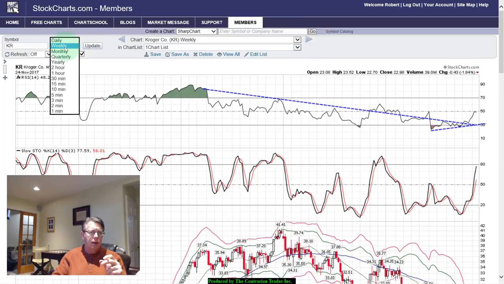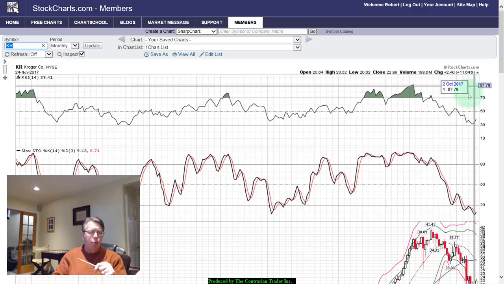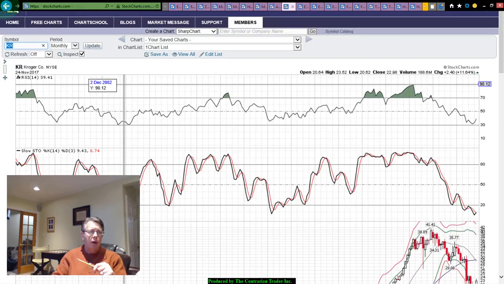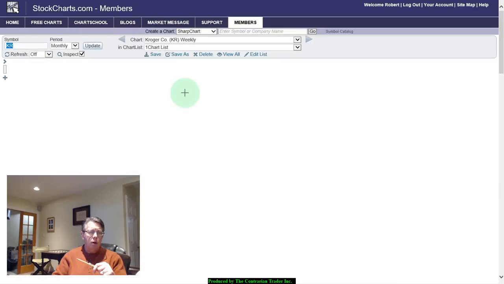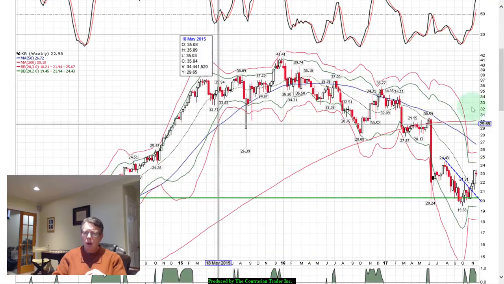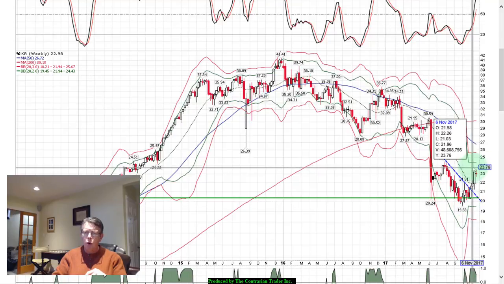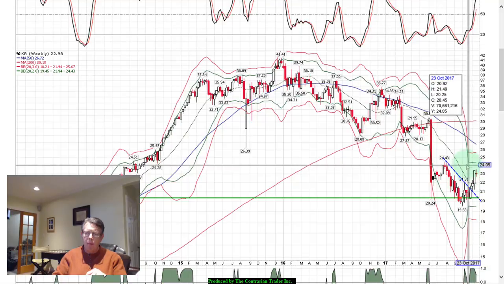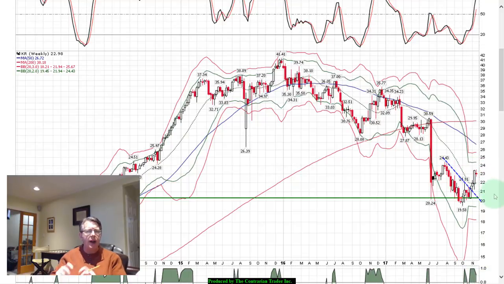How high are we on a monthly basis? 11.64% on the month. A huge month for Kroger. Back to the weekly chart. We had a down week last week, no new weekly high. So it looks as though we're going to pull back and consolidate here on Kroger.